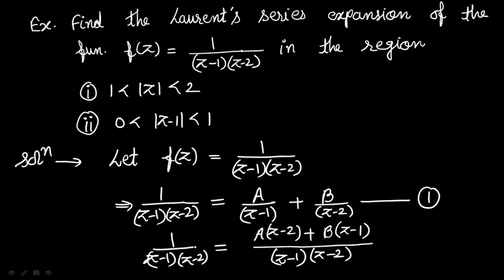We write down f of z here, and this denominator term gets cancelled. We get the equation 1 equal to a into (z minus 2) plus b into (z minus 1), which is equation number 2.